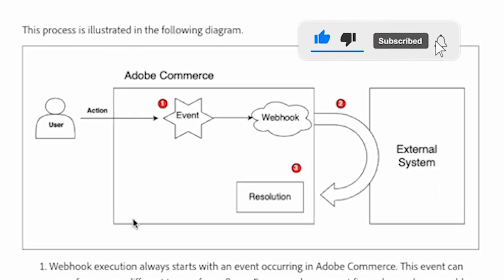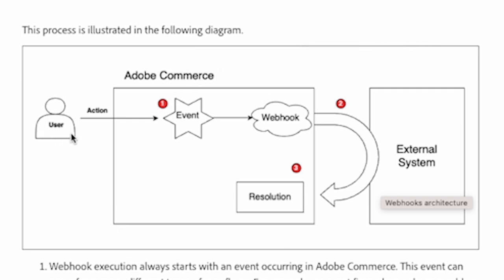If I explain this diagram, this is our Adobe Commerce and the customer is coming to the Commerce and doing multiple operations like going to the PLP page, PDP page, adding a product to cart, placing an order. So those are events.